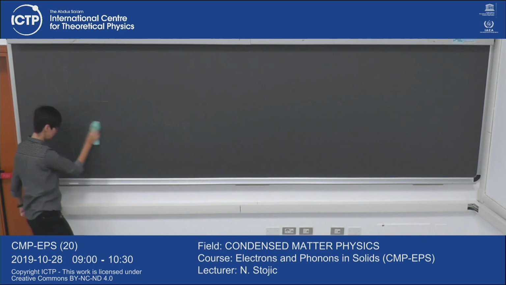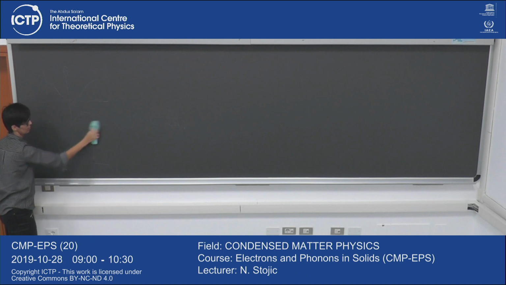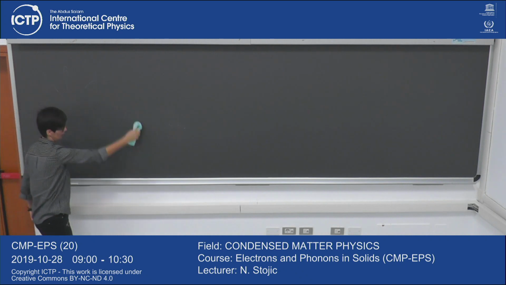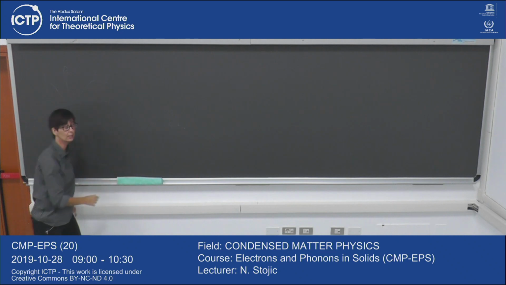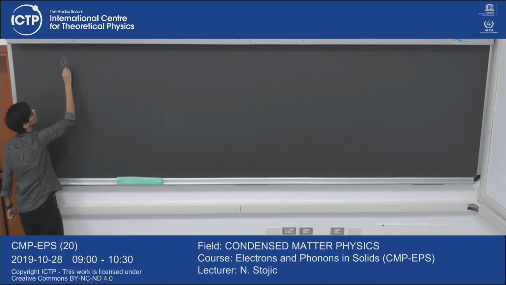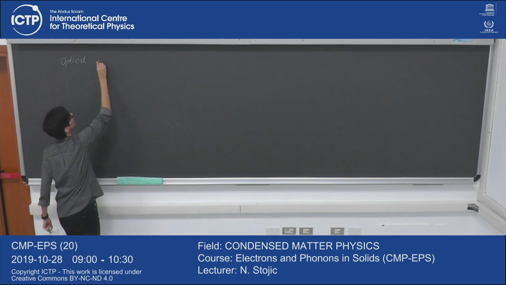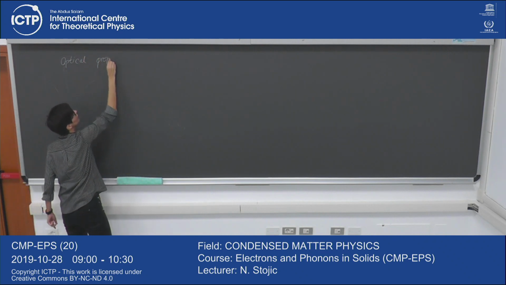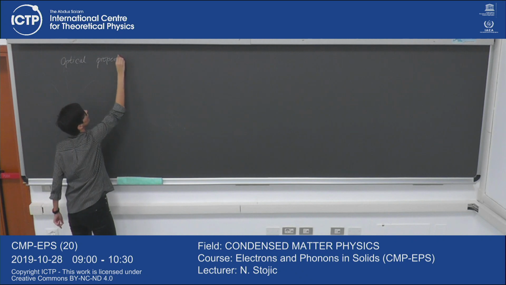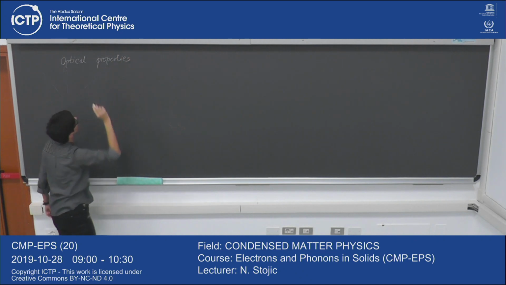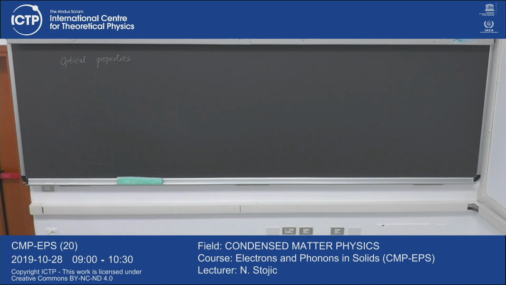So today we will continue with the applications of the band theory. The last part, into optical properties. We will mostly focus on semiconductors, but it's not only limited to that.